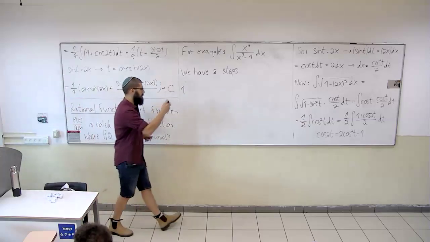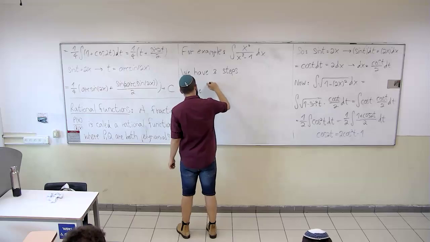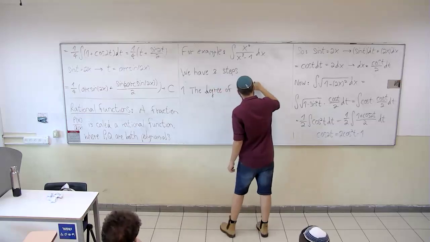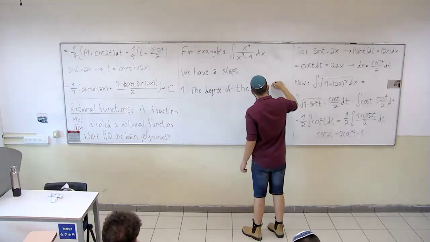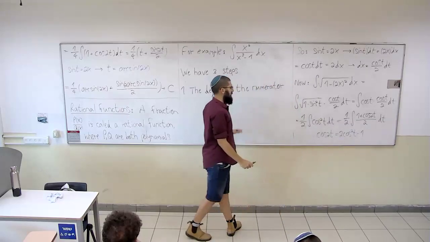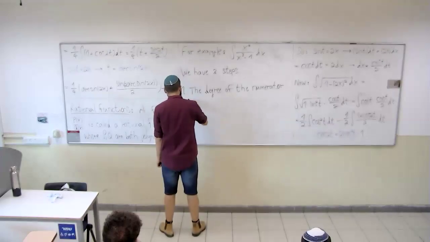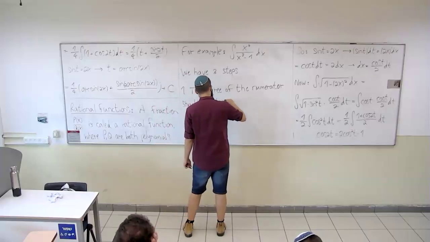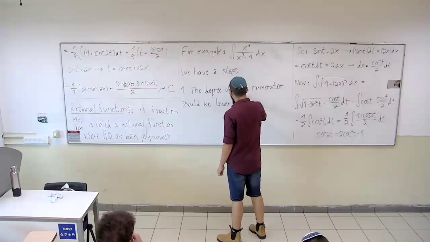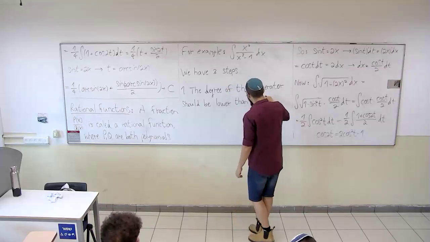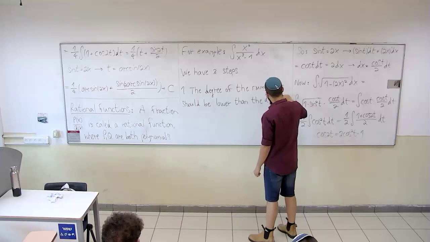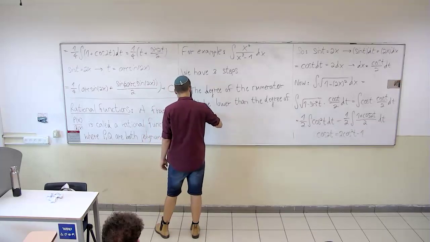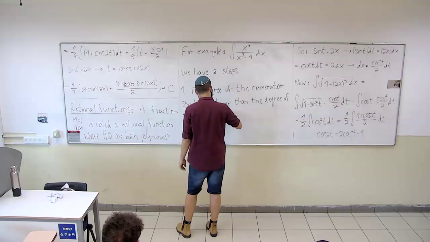Degree is a more accurate term than power. The degree of the numerator should be smaller than the degree of the denominator.